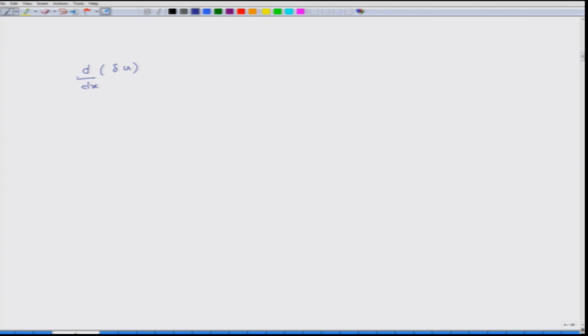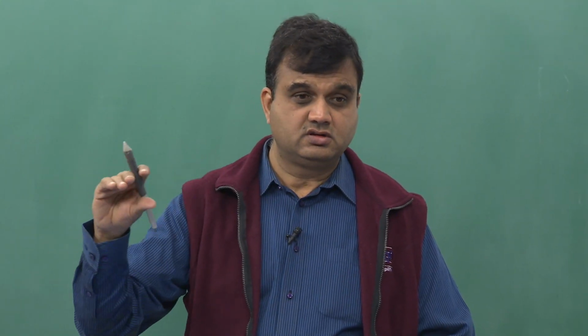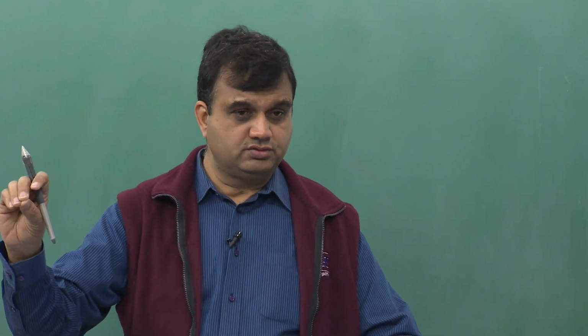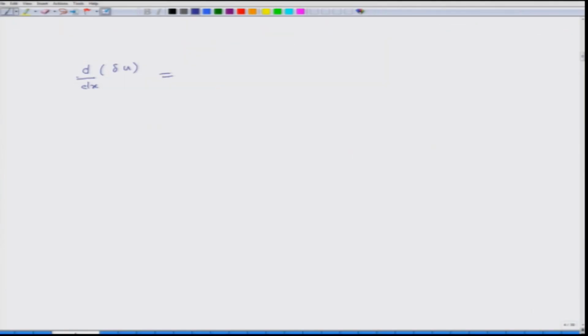In this case, I have a function u, I pick up an appropriate variation which is consistent with boundary conditions directly related to u, and then I differentiate that function. So, this is equal to d over dx, and what is variation of u? It has a shape associated with function v and an amplitude, right. This v could be anything as long as it is consistent with boundary conditions.